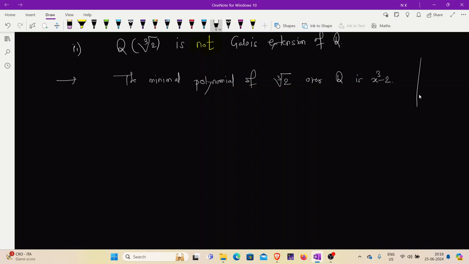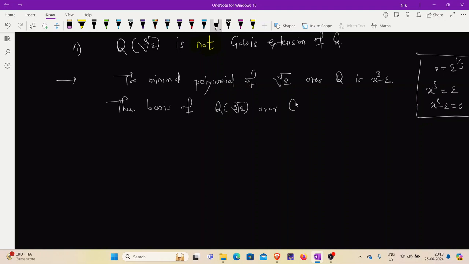It's quite simple, because if we take x equal to 2 raised to 1 upon 3, and if you take the cube on both sides, then x cube equals 2. So that is the reason x cube minus 2 equals 0. So this is the minimal polynomial of cube root 2 over Q. Fine. Thus the basis of Q(cube root 2) over Q is powers of cube root 2 until 2.